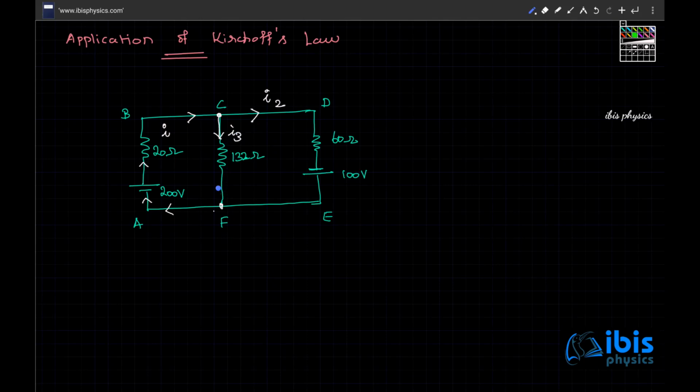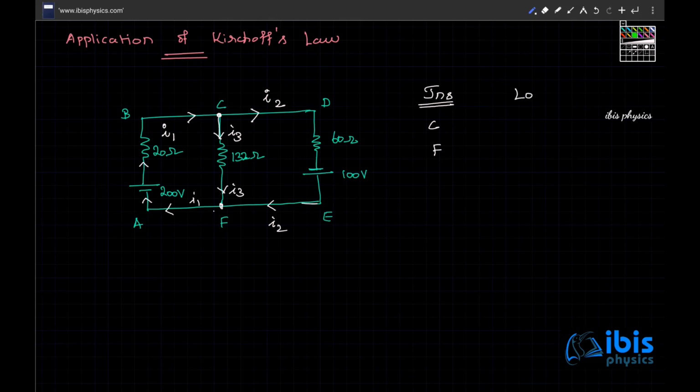I3 comes here, I2 goes through the 60 ohm and then the battery and comes back. If the current through this is I1, then the current here is also I1. Now two junctions are there, junction C and junction F.